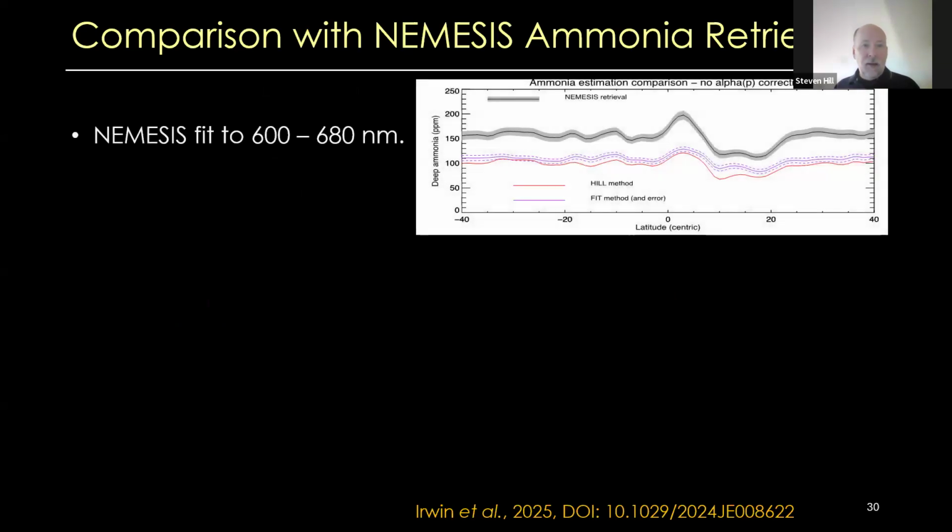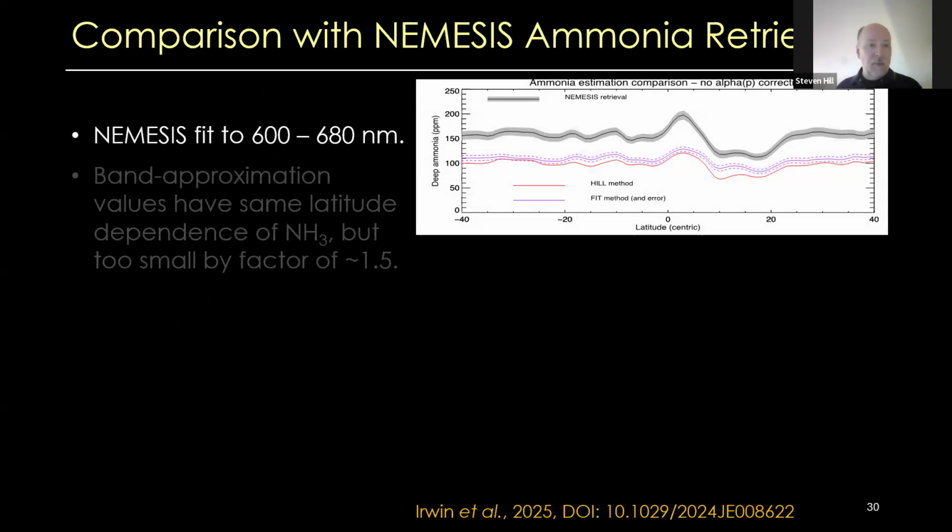So let's look at a first comparison of ammonia retrievals using the band approximation method to an actual full NEMESIS retrieval along a meridional profile, a latitudinal profile. NEMESIS was fit to the spectra between 600 and 680 nanometers.